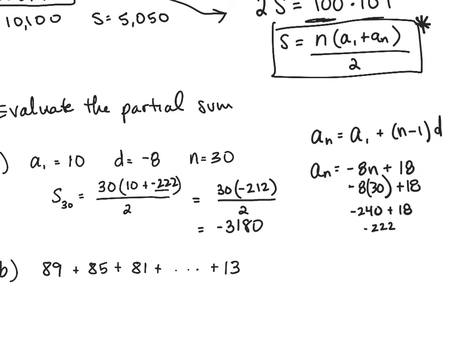We get negative 3,180. So the sum of the first 30 terms of this sequence right here, negative 8n plus 18, the sum of the first 30 terms will be negative 3,180.